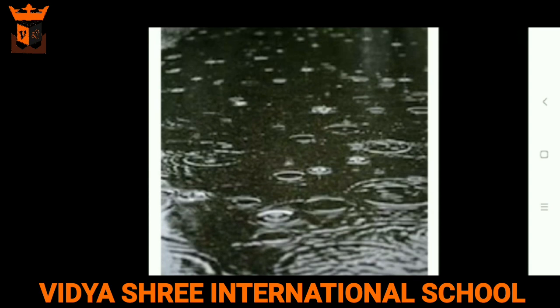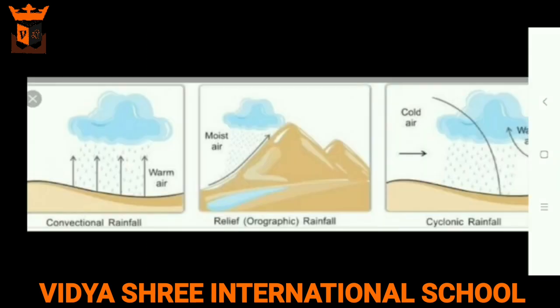Now let's learn about the rain. Precipitation that comes down to the earth in liquid form is called rain, and you know most of the groundwater comes from rainwater only. And plants help to preserve this water. And beta, on the basis of mechanism, there are three types of rainfall.